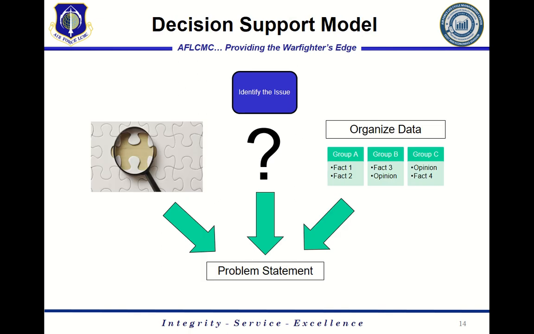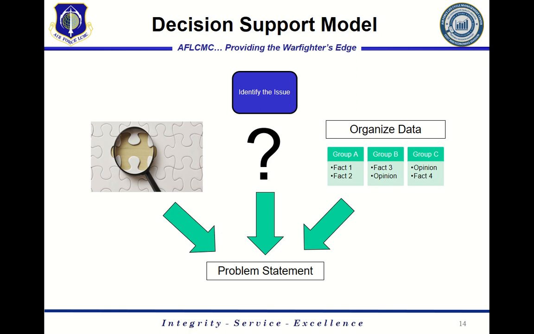So the first step, identify the issue. This is where we need to look at what's going on. We're going to dig deeper into some top level data if we have organizational data, or top level data collected regarding the situation. If we have facts and opinions about the situation from stakeholders, if we understand what the requirements or limitations are, we need to identify what that puzzle piece is, if you will, in order to come down to what is the problem.